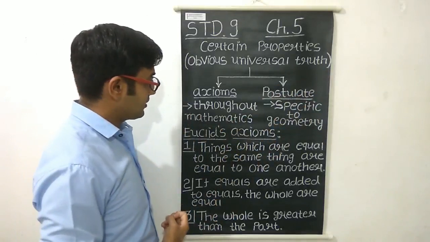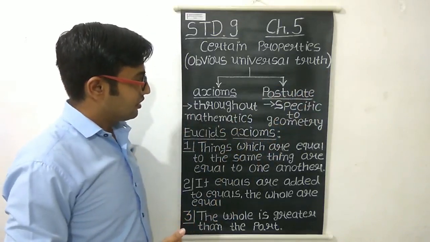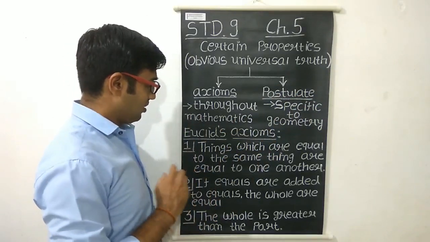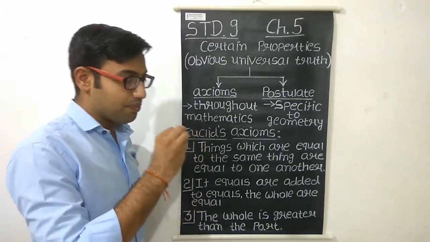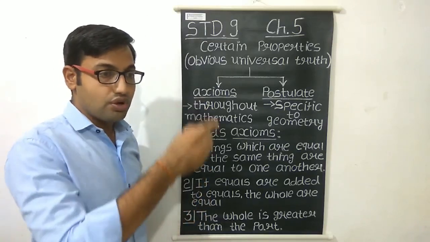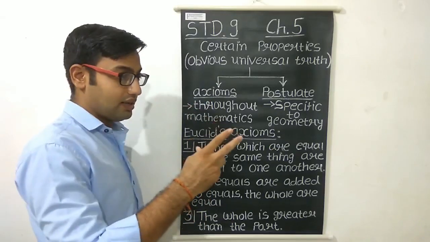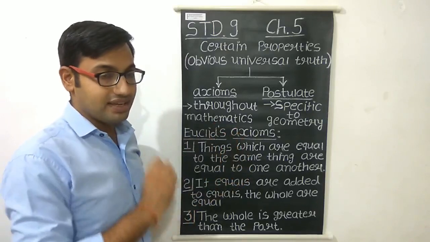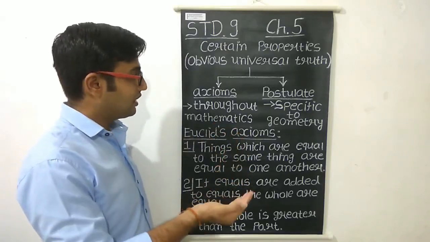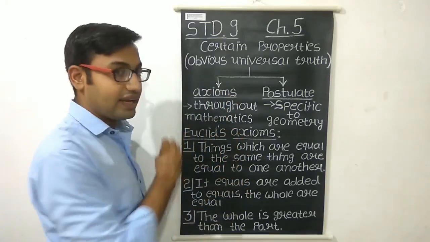Let us take an example. Say there is a property related to drawing, like a line segment, right? If we want to draw a line segment, then we will find some property in the axioms.